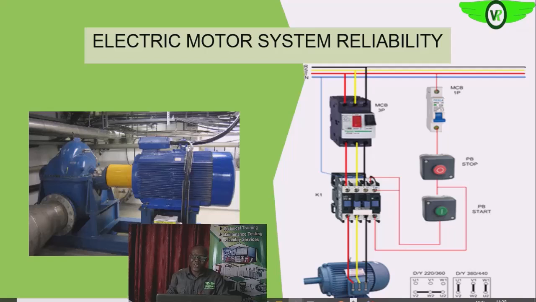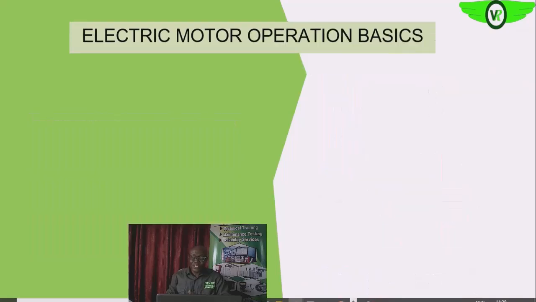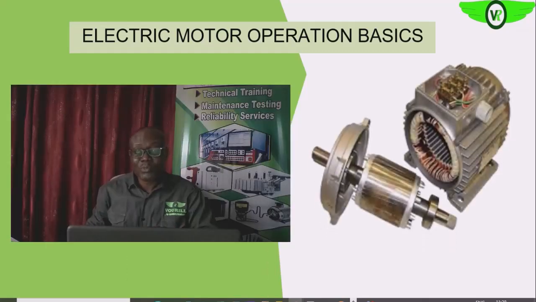So let us see how the electric motor functions, because understanding the principle guiding the functioning of the electric motor will help us to be able to discern when issues are developing. Okay, so let us look at the basics of electric motor operation. We know that electric motors have two major component parts.